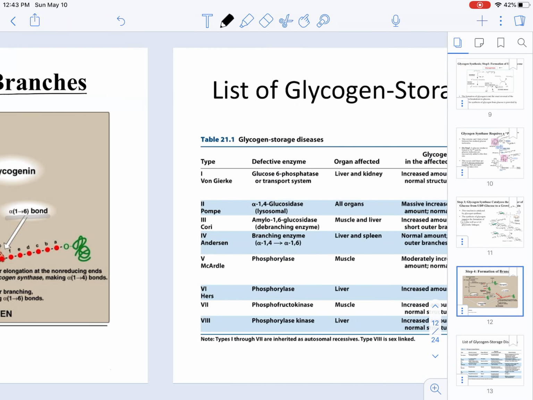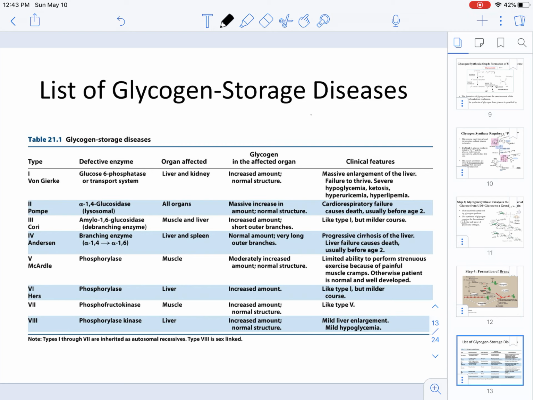Now, there is a list of glycogen storage diseases. Specifically, I want you guys to focus on type 1, type 2, and type 5. I am specifically going to talk about type 1.